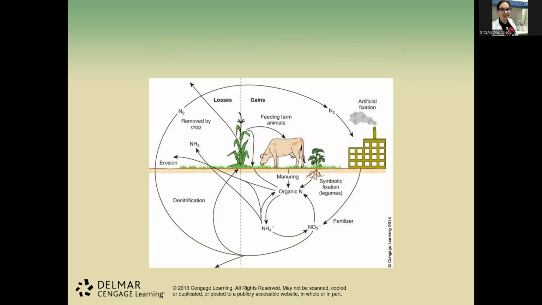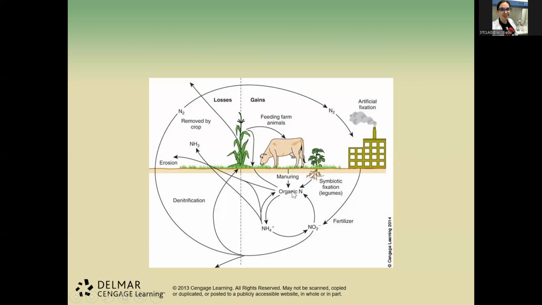Okay, so here we have another example showing the nitrogen cycle. And here we can also take into account the manuring that comes from animals, right? As we're thinking about that, the manure is going to decompose into organic matter.